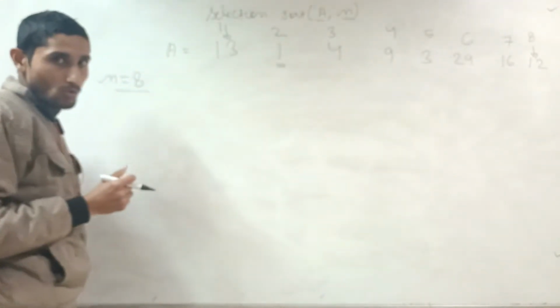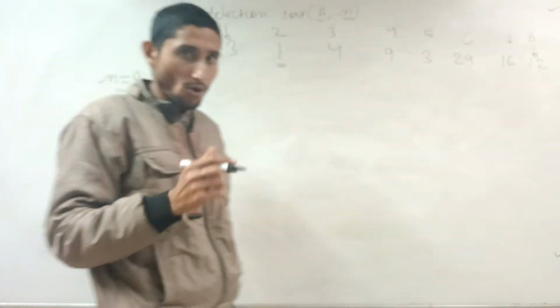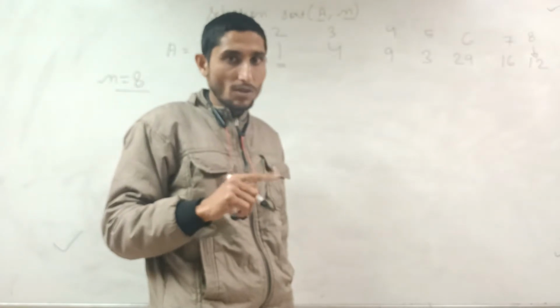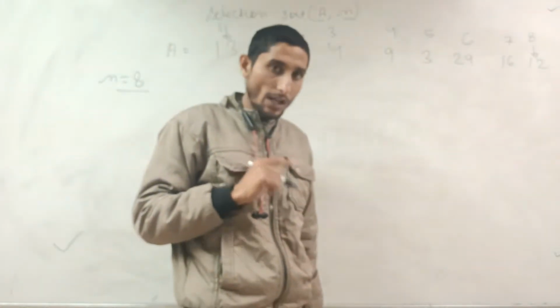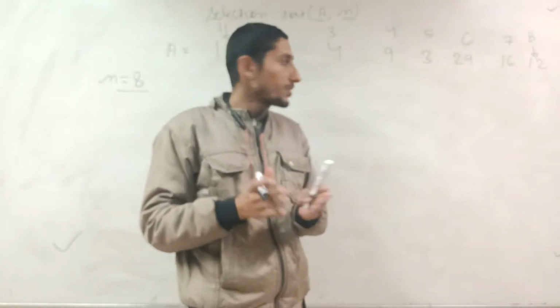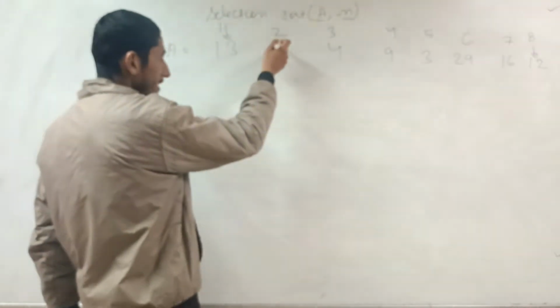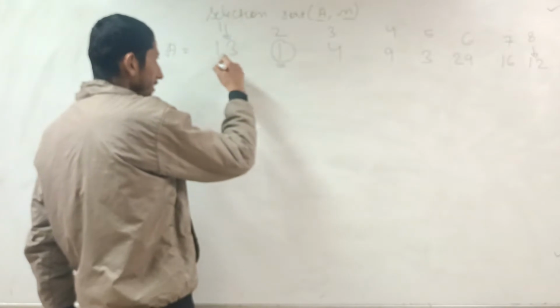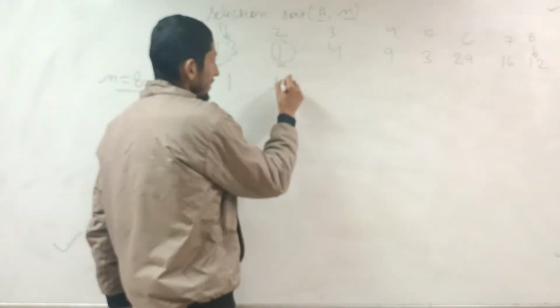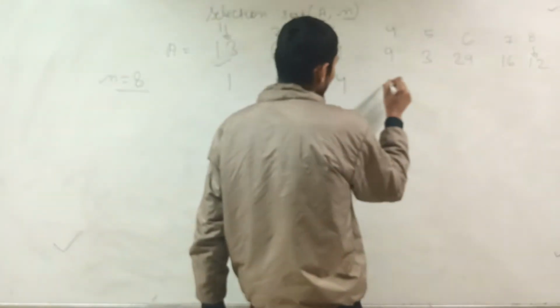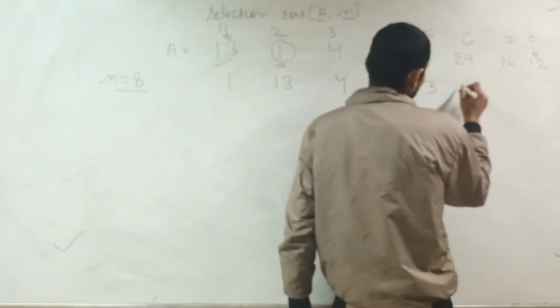So I will swap the position number 1 element and the position number 2 element. It means in the first pass, I will put the smallest element of the array at the first position. It becomes like this, and the complete array will remain the same.